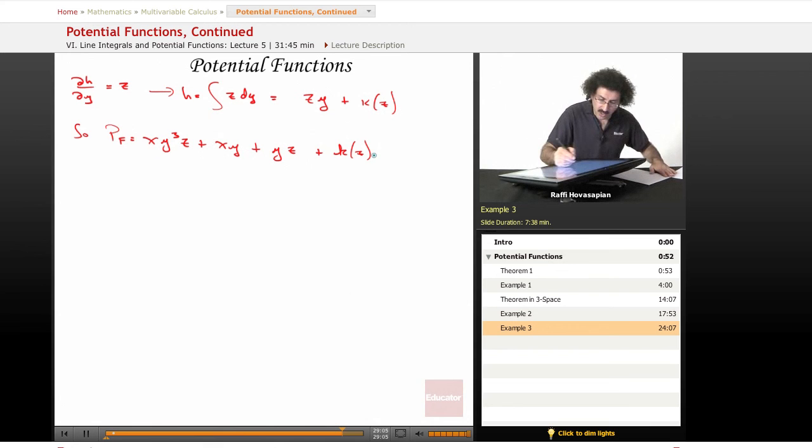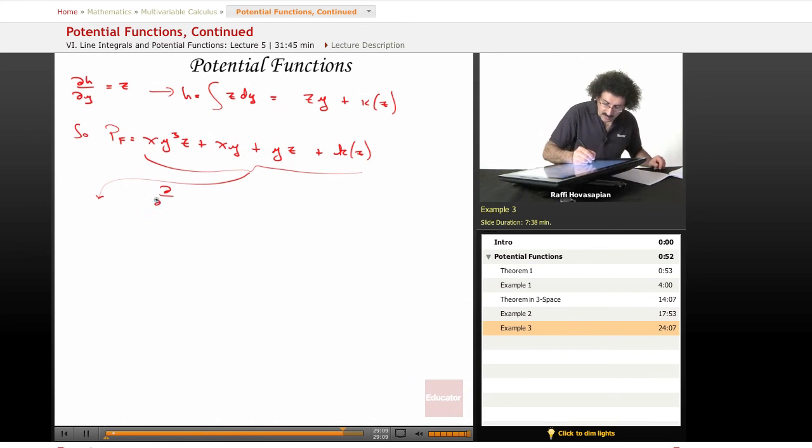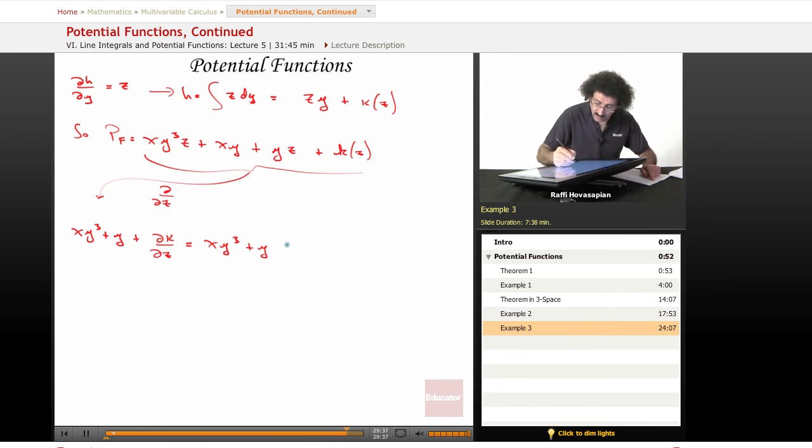Now I'm going to take d dz of this, and I get x y cubed plus y, because this is 0, plus dk dz, and that's going to equal our third coordinate function, which is x y cubed plus y plus 0.